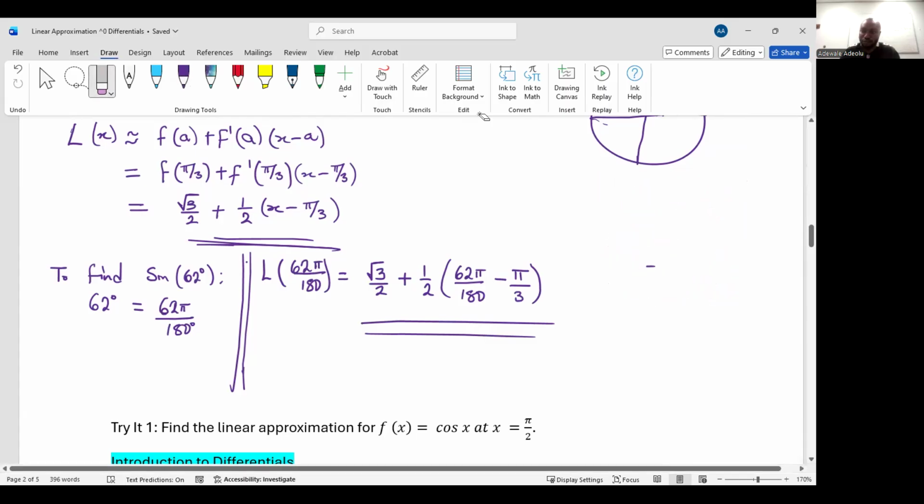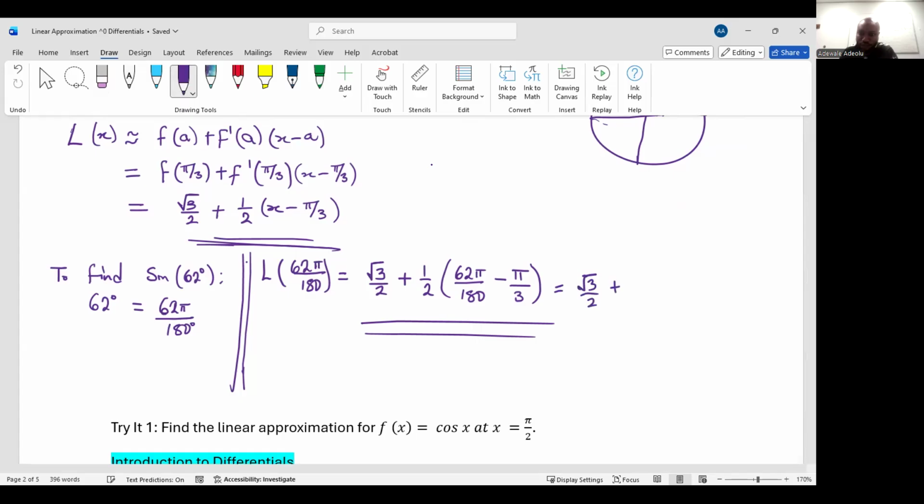So I can multiply. That is root 3 over 2 plus 1/2 into 62 pi over 180 minus 60 pi over 180, which is root 3 over 2 plus 1 over 2 into 2 pi over 180.